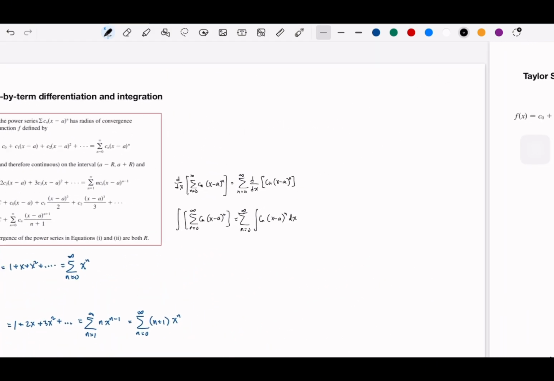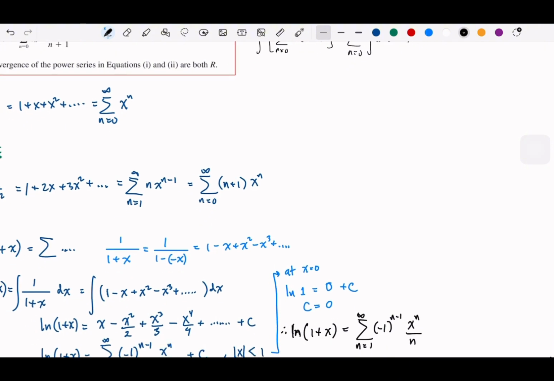Okay, one more example. Let me write here, example. The next example is if we have a function, tangent inverse x. So again, this is also related to our reference.